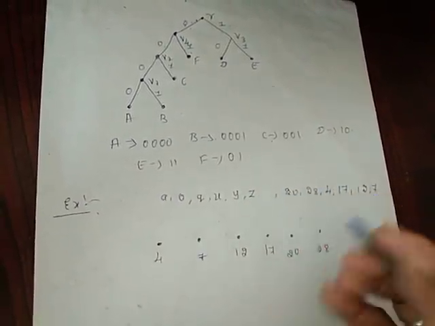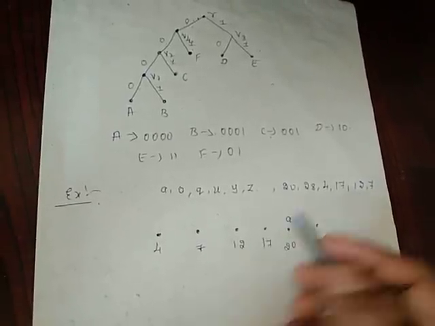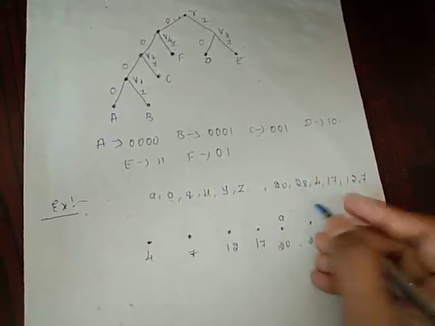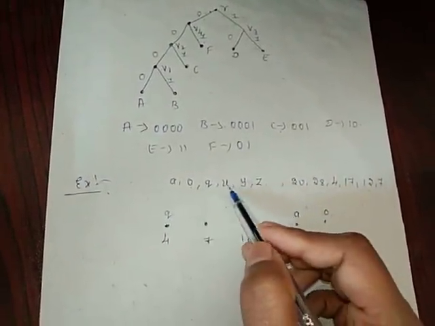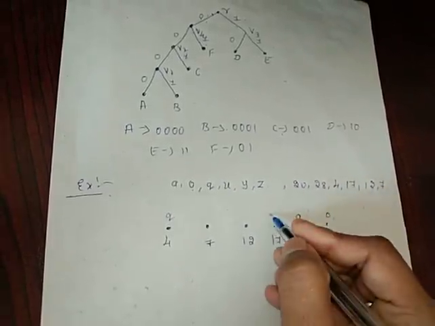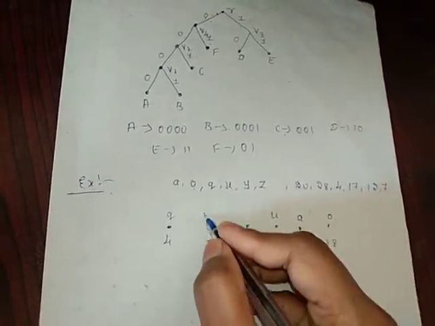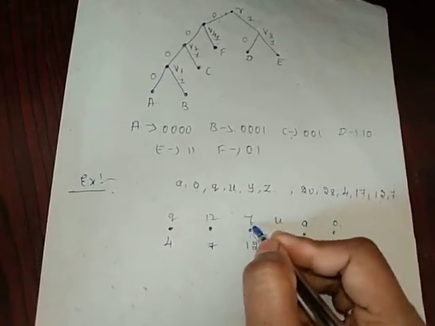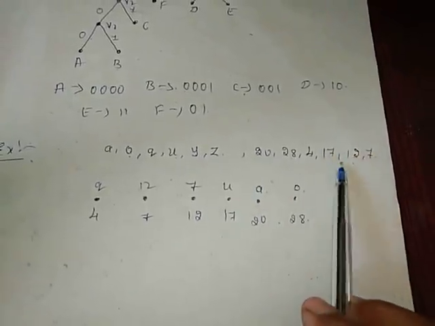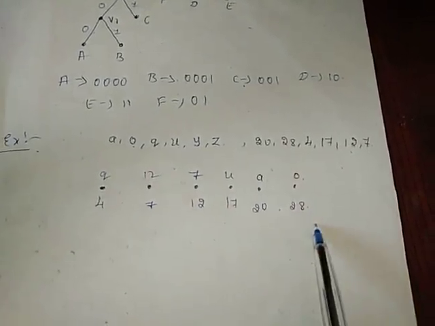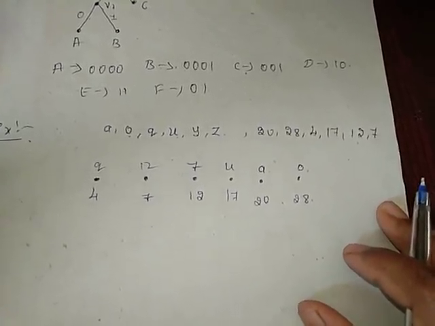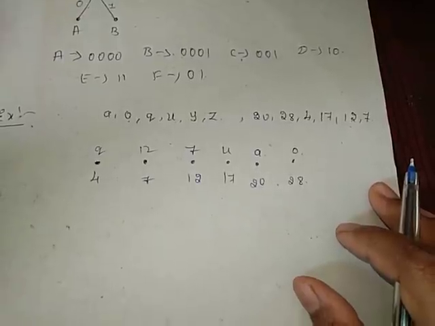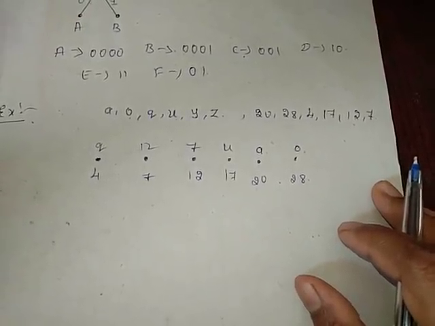A means 20, so take it as A. O means 28. Q means 4. U means 17. Y means 12. Z means 7. The symbols and respective frequencies are already assigned. We just have to arrange them in increasing order. After arranging them, the 2 minimum weights will be added and assigned as the weight of the new vertex V1.